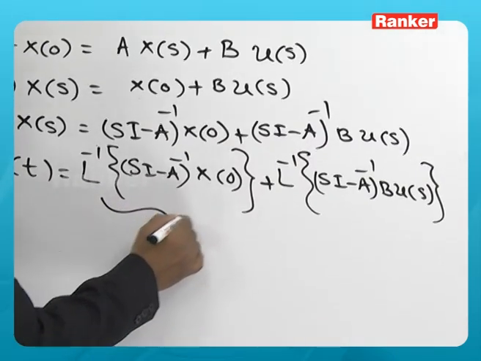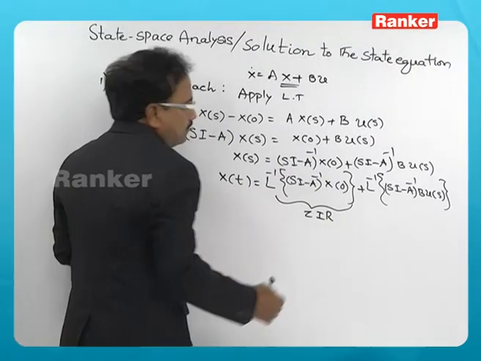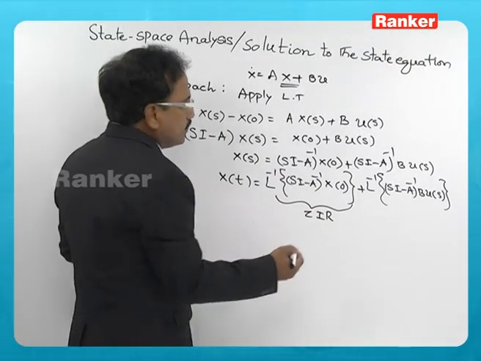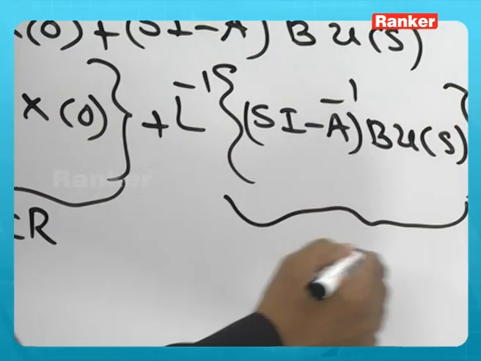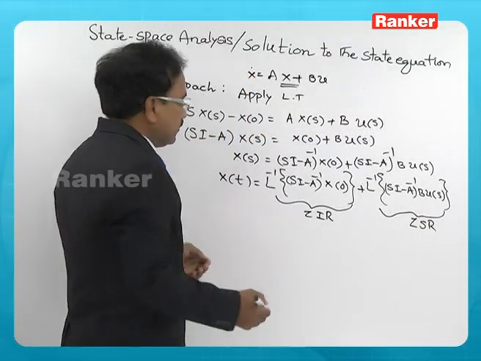This part of the response is called ZIR, that is zero input response, and this other part of the response is called ZSR, zero state response.